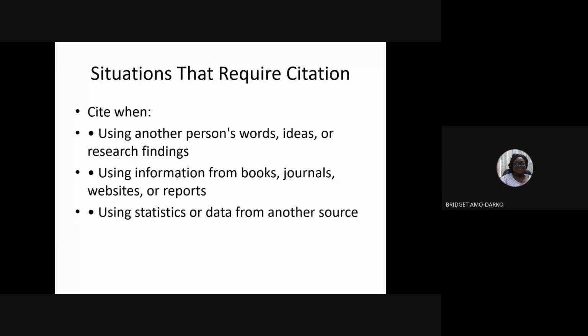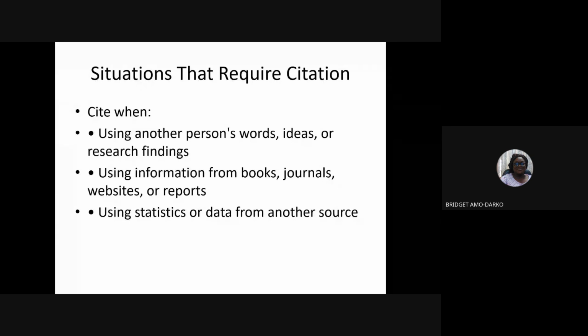Situations that require citation. Cite when using another person's words or ideas or research findings. Using information from books, journals, websites, or reports. Using statistics or data from other sources. You can't just use information without citing the main authors.